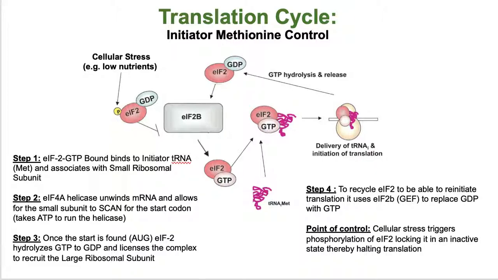So it bars that interaction. It acts like a block. These kinds of bars that we use a lot in these pathways sometimes aren't quite clear, right? Is this inhibiting eIF2B from being a GEF?